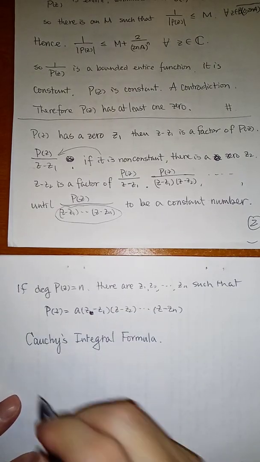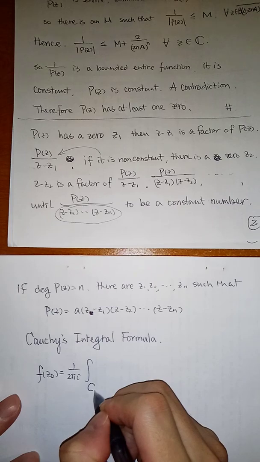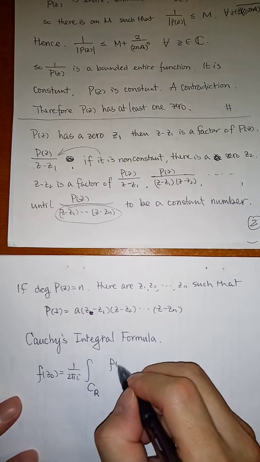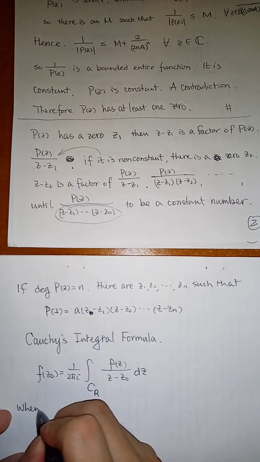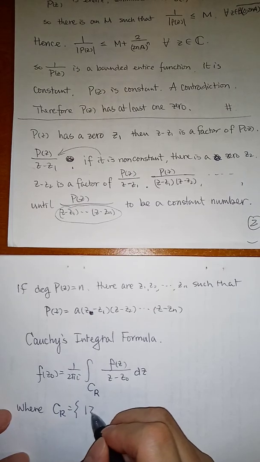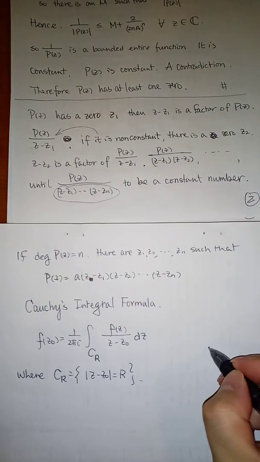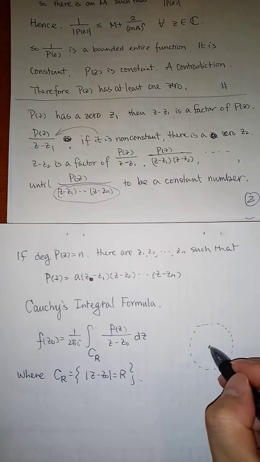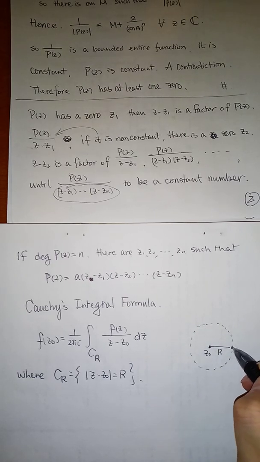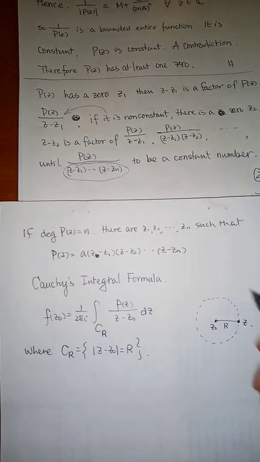The Cauchy integral formula says f of z0 is 1 over 2 pi i times the integral over C_R of f of z over z minus z0 dz, where C_R is |z minus z0| equal to R, the circle centered at z0 with radius R. And of course we choose the counterclockwise orientation.